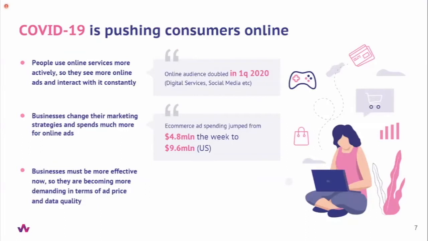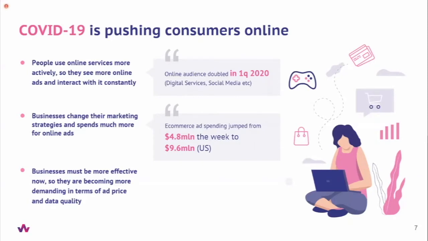Let me please tell you our vision about the current situation in the world. There are now huge changes in users' behavior. A lot of people have started to use digital and online services more actively.